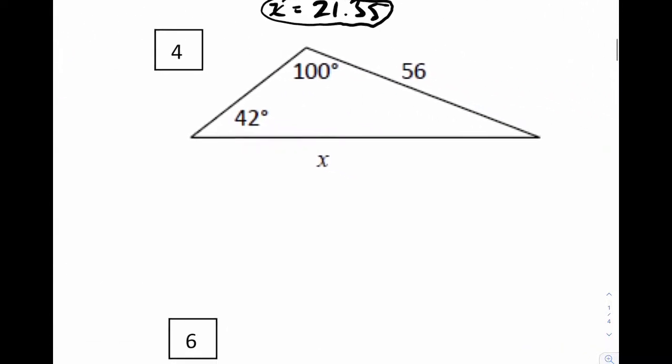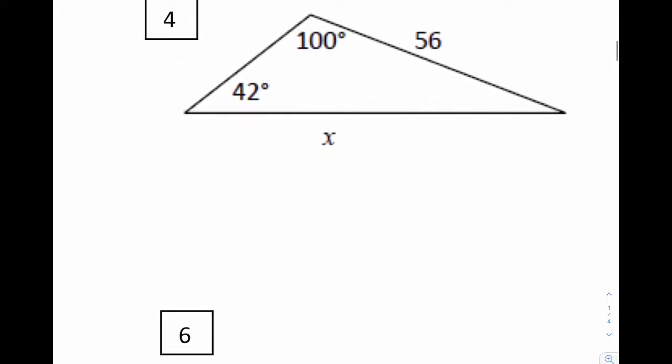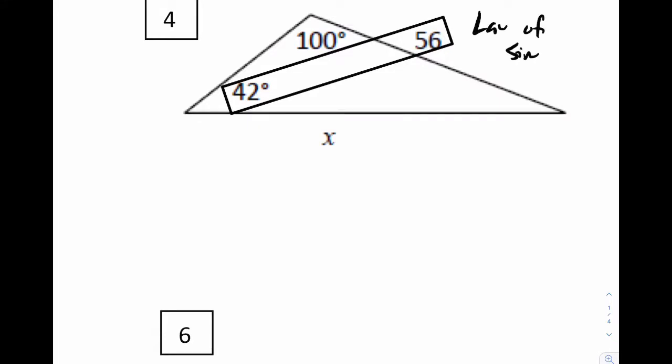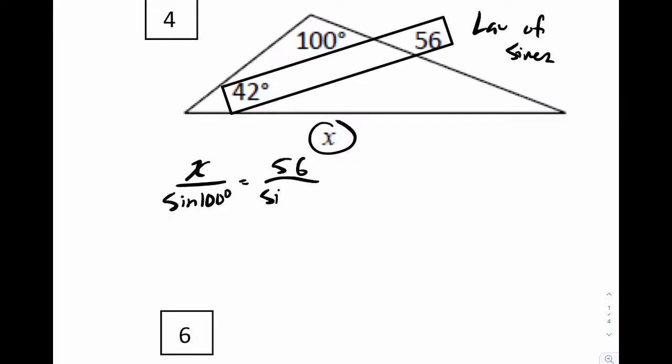Let's go to our last example for this first part. Hopefully you can recognize there is a pair right here, which means we need the law of sines. A little bit different from last time. If we're trying to find x, that's a length. So if I write x over sine 100, we need to put the length on top. 56 over sine 42.